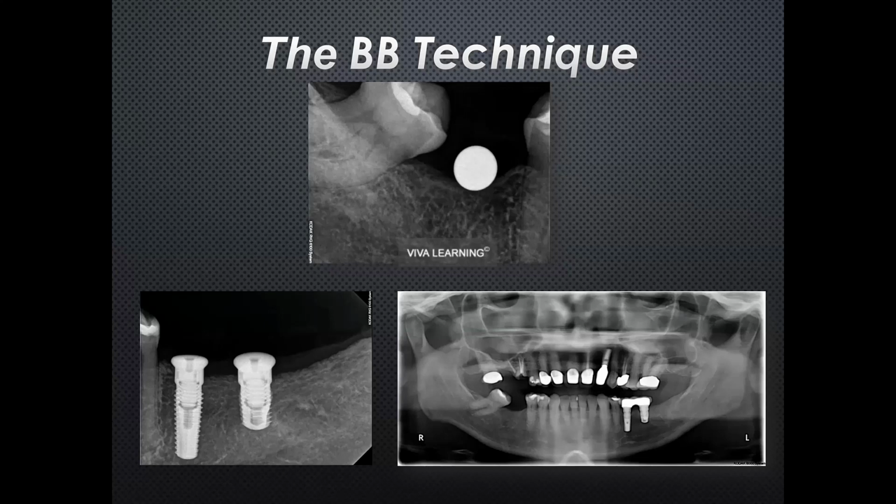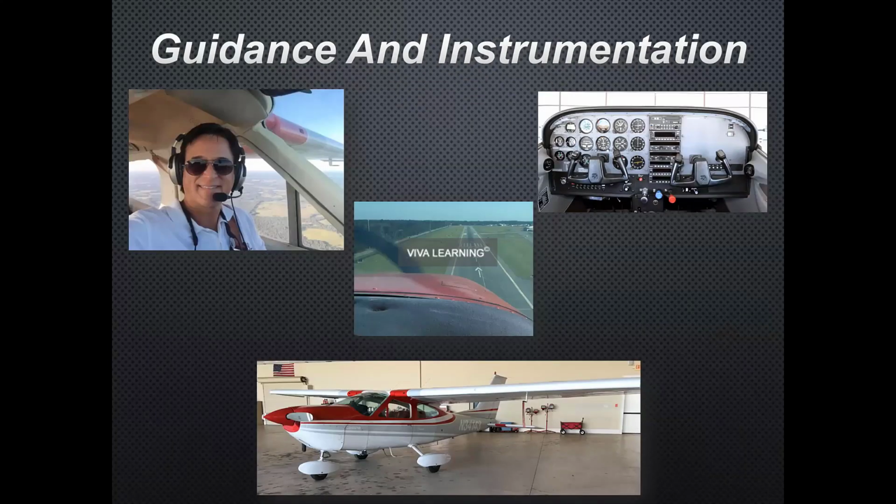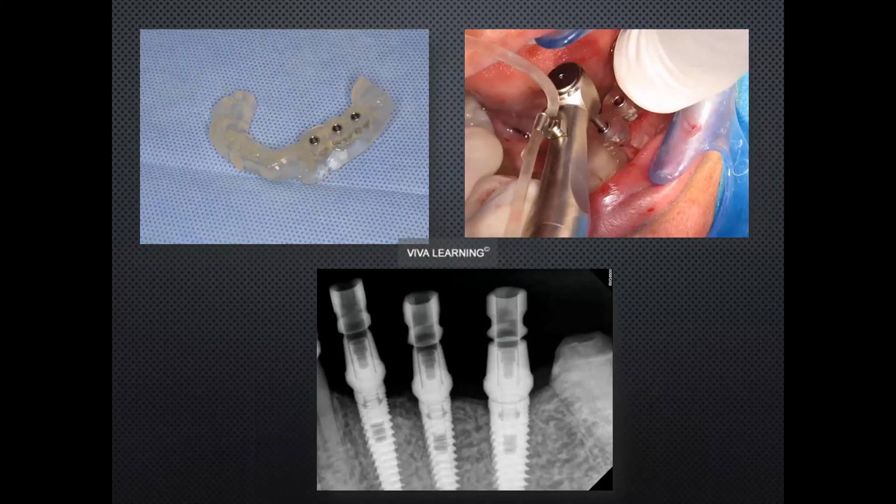So what was the advance past the BB? And I look, and this was my good friend, Dr. Rick Kimbrell, in one of his earlier planes. And you see now his cockpit is more advanced. He has more instrumentation to help him pre-plan his flight and to actually navigate and fly the plane. And I thought of this as along the lines of when I first started using static guides. In this case, it was a static guide just mainly for the pilot holes.